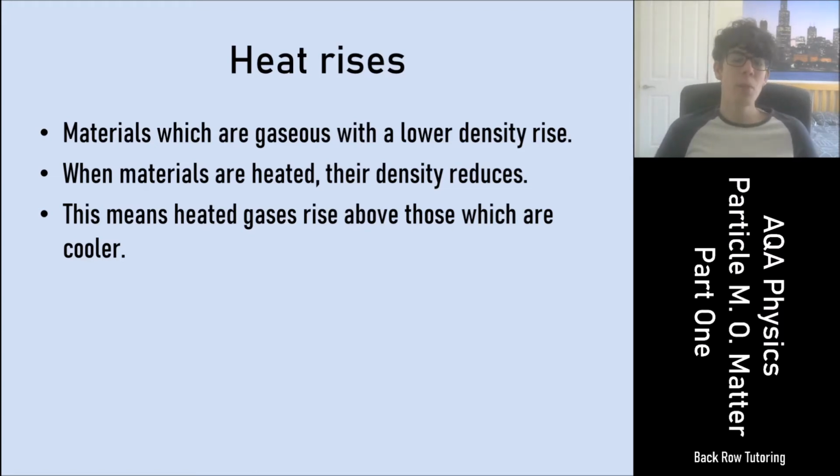So something with a lower density rises above gases with a higher density, because the gas with a higher density has more mass in the same volume, so it's pulled towards the Earth's centre more through gravity. So heat, because it has a lower density, actually rises above the gases which have a lower temperature.